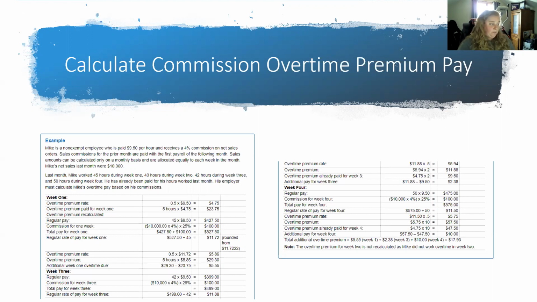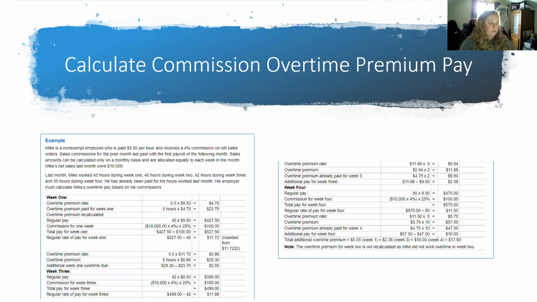So for week 1, his overtime premium rate is going to be 0.5 times $9.50, which is $4.75. He worked 5 hours times $4.75, which is $23.75. His regular pay was 45 times $9.50, which is $427.50.